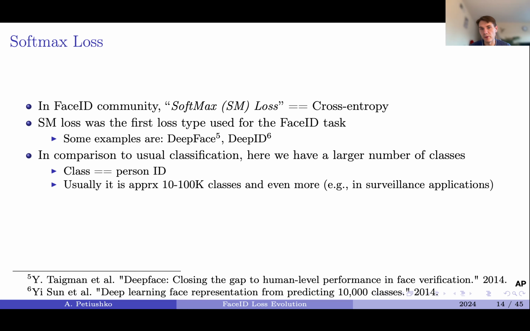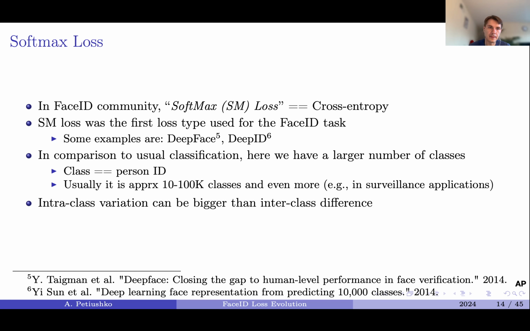It can be even more, especially when we are talking about surveillance applications. For example, on the scale of a city, you sometimes need millions of IDs.